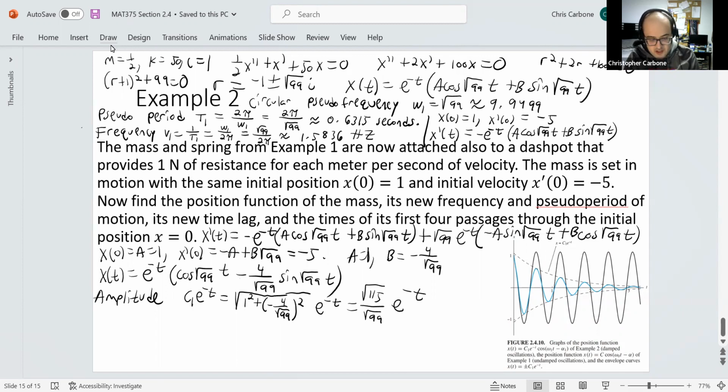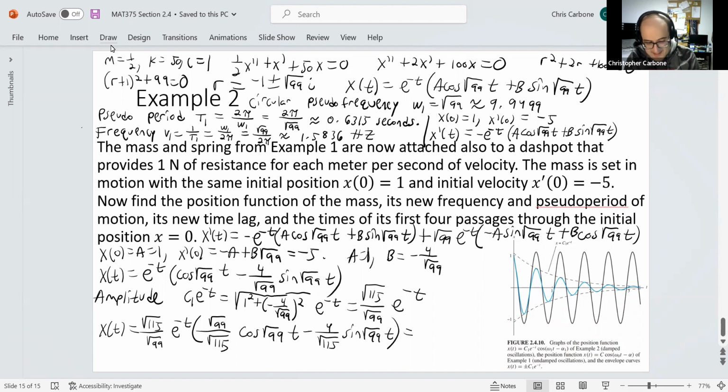So that complete function makes x of t equal to the square root of 115 divided by the square root of 99 times e to the negative t times the square root of 99 divided by the square root of 115 times the cosine of the square root of 99 times t minus 4 over the square root of 115 times the sine of the square root of 99t.